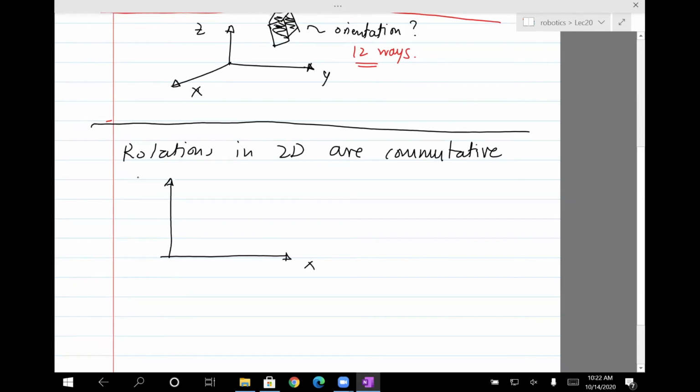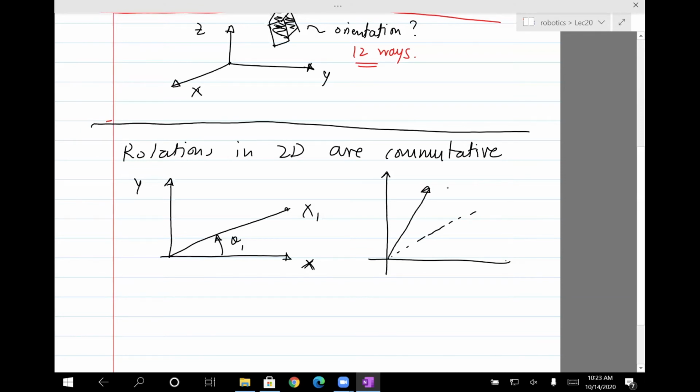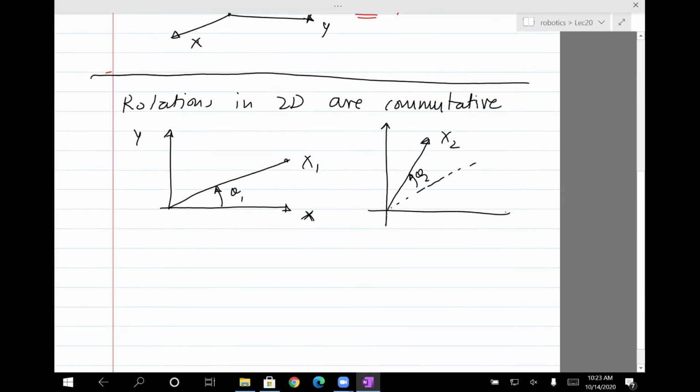What this means is if you do this rotation theta 1, you end with x as x1, and then you do another rotation about x1 to get x2. So that is rotation by theta 1 followed by rotation by theta 2.